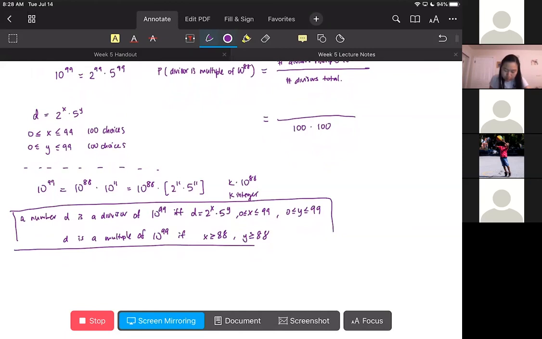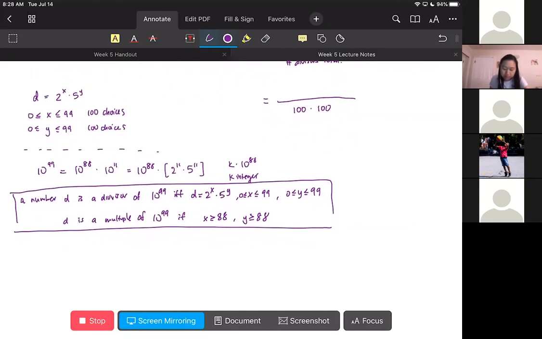Basically, the first statement is that a number is a divisor of 10 to the 99 if and only if we can write it in the form 2 to the x times 5 to the y, where x is between 0 and 99 and y is between 0 and 99, inclusive. That's what we calculated before, and that's how we got 100 times 100 total divisors.